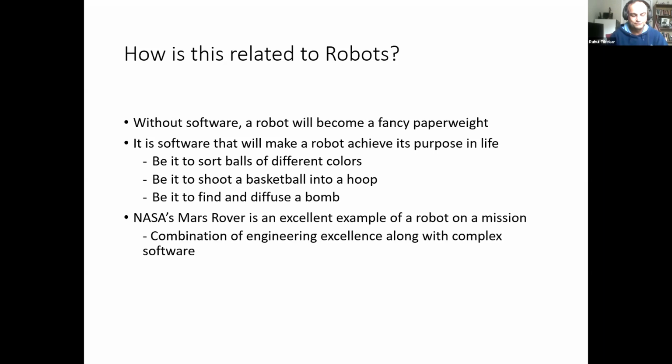So, for those of you who may be keeping track, NASA sent a robot, called the Mars rover, to Mars. And that is an excellent example for all of you engineers to be, of a robot on a mission. This represents a combination of engineering excellence, because you've got to build this robot to go into a completely different environment, and then software needed to make that robot do something so we can study the planet of Mars.